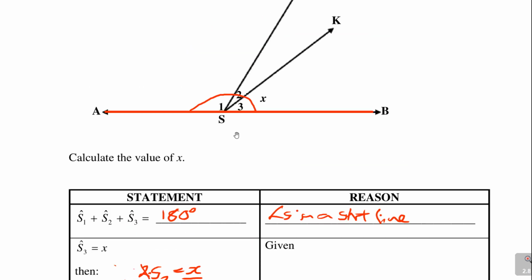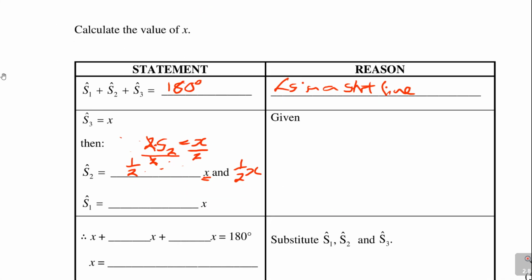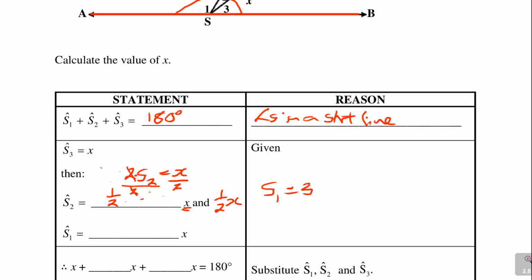Now what about S1? They told us S1 is 3S2. So you come here and work it out: S1 is equal to 3S2. But you know what S2 is? S2 is 1 over 2X, or X over 2.